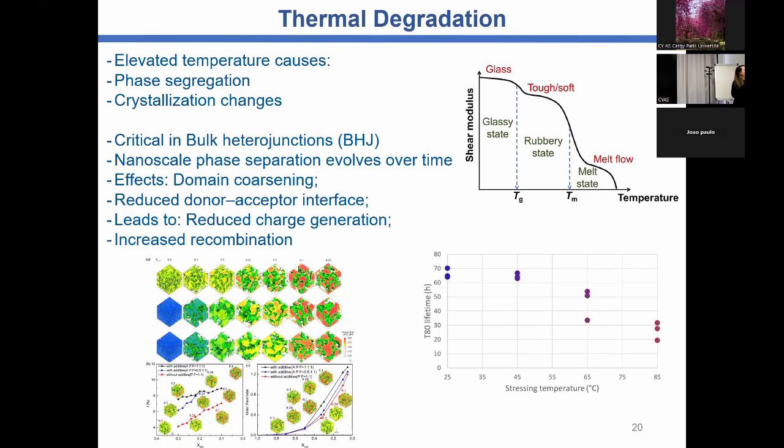Because when we apply solar cells outdoors, using the ISO protocol, we have a thermal stress around 60 degrees Celsius.